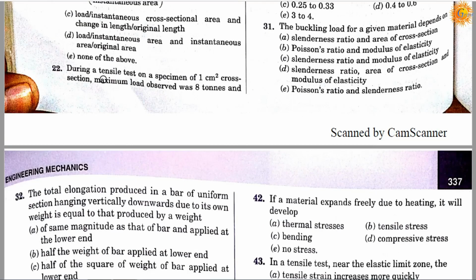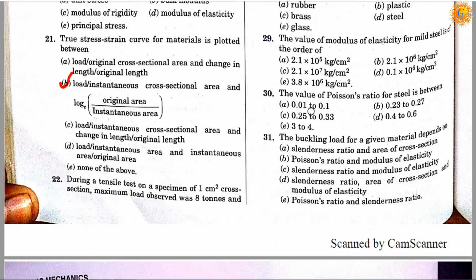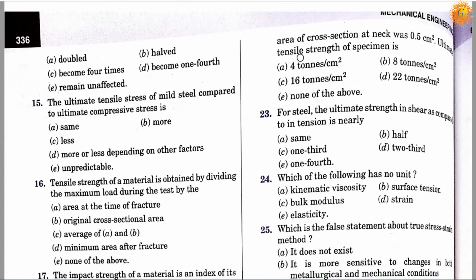Question number 22. During a tensile test on a specimen of 1 centimeter square cross section, maximum load observed was 8 tons and area of cross section at neck was 0.5 centimeter square.